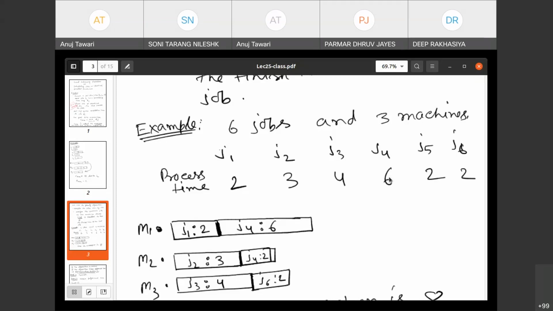So we need to give an algorithm which gives at least close to the optimal, if not the optimal.